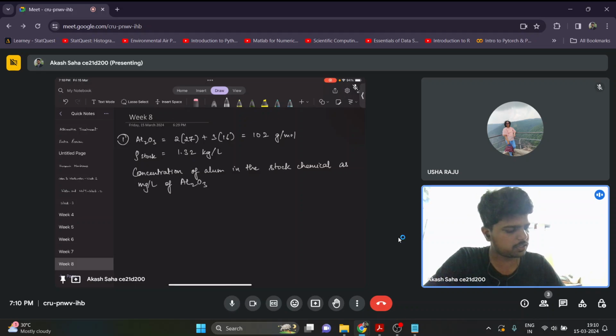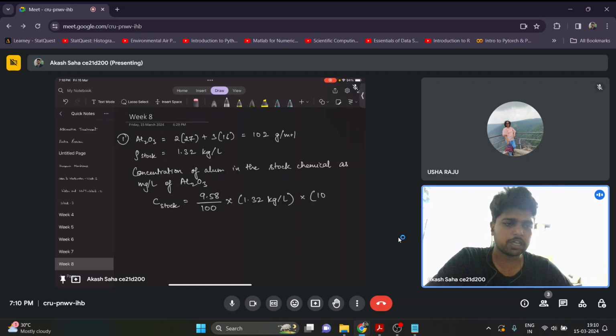So my C stock will be 9.58 by 100, this is the percentage, into the density 1.32 kilogram per liter, and from kilogram to gram it is 10 to the power 3 gram per kg.